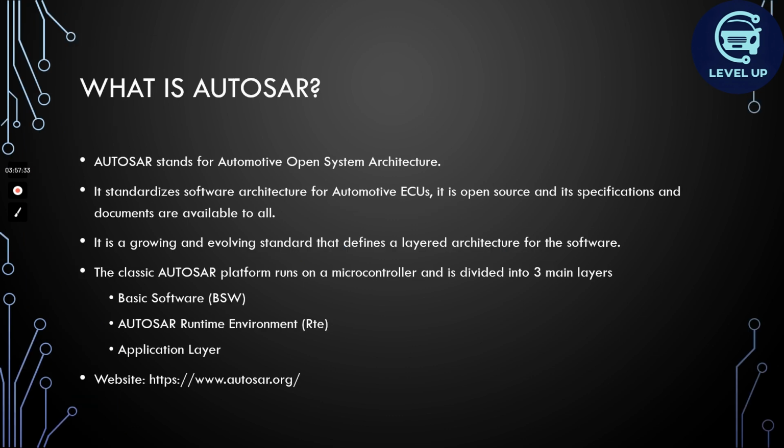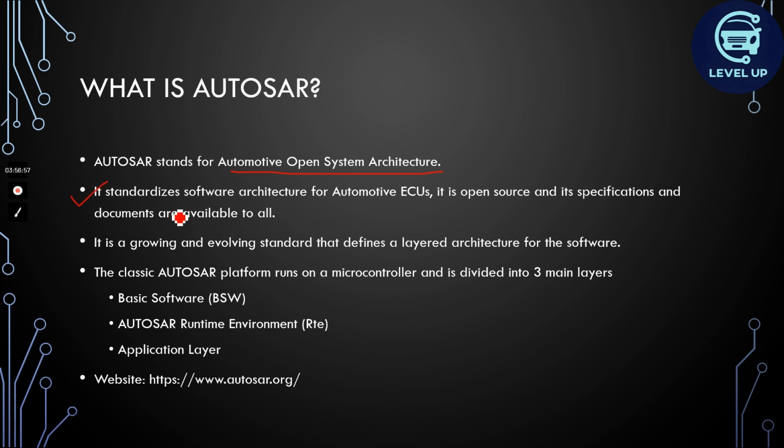Now, going forward, what is AUTOSAR? We already know the full form is Automotive Open Source Architecture. Let me take a pen. AUTOSAR stands for Automotive Open Source Architecture, an open system architecture that standardizes software architecture for automotive ECUs. It is open source, and its specification and documentation are available to all.